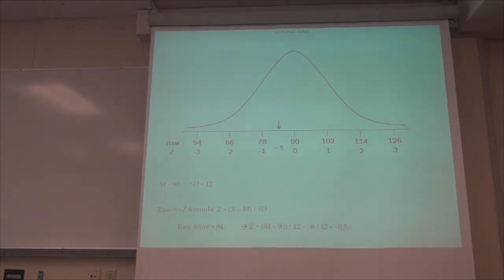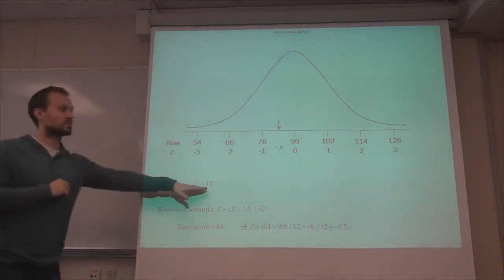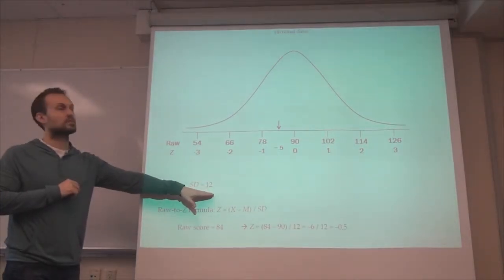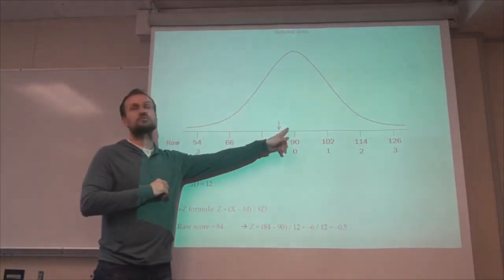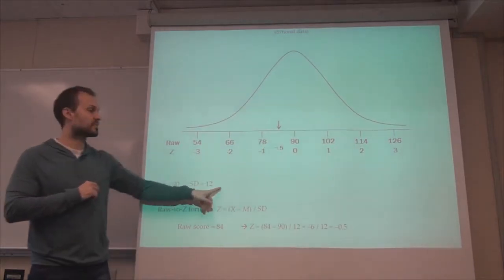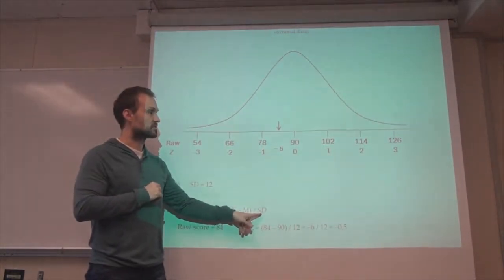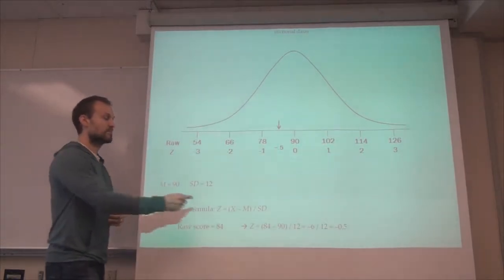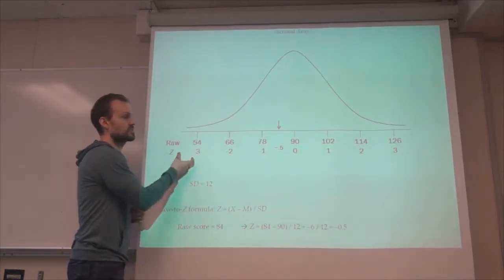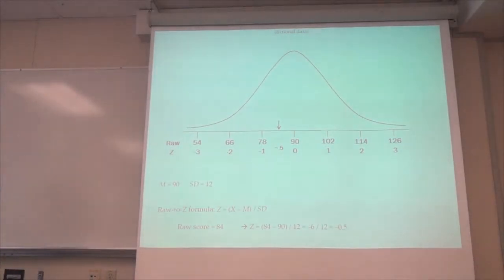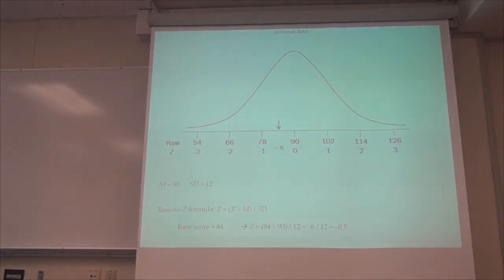Now, 1 standard deviation step is 12 units. I moved a distance of 6, so that's half a standard deviation step. So by dividing by the standard deviation, I'm converting it into steps instead of the actual distance.